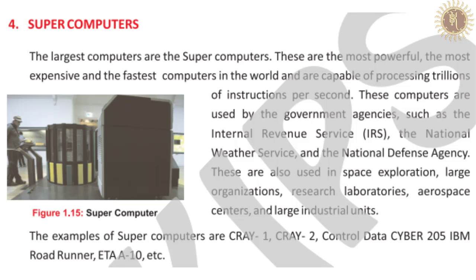These are also used in space exploration, large organizations, research labs, aviation centers, and large industrial units. Examples of supercomputers are CRAY-1, CRAY-2, Control Data Cyber 205, IBM Roadrunner, ETA-10, and so forth.